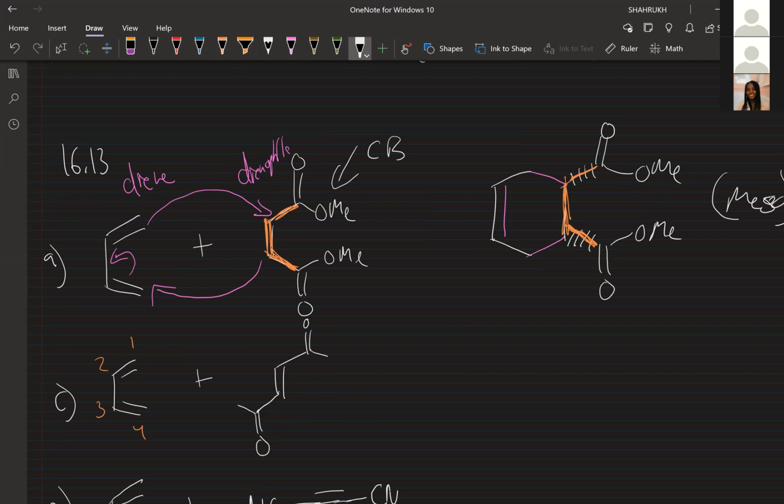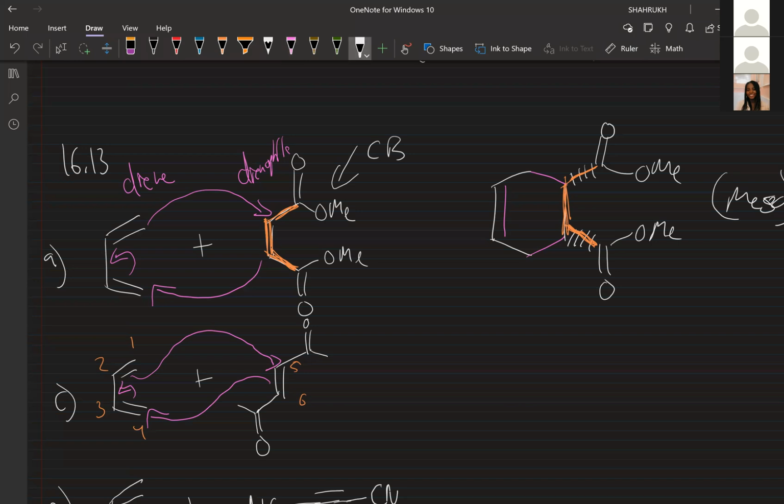Okay, so that's the trans product now. We have 5 and 6, right? So the double bond, right? Once again, let's do the arrows, the mechanism. This double bond is going to come and attack carbon 5. The double bond between carbons 5 and 6 will come attack there. The double bond between 3 and 4, right, will form a new double bond between 2 and 3.